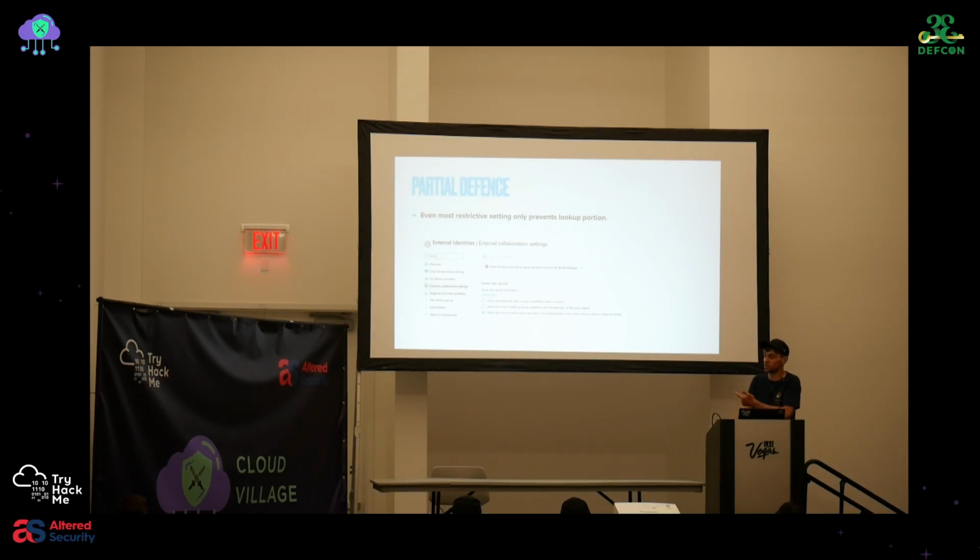Even if you set this to the most restrictive setting, it's not going to be a complete defense. The way that this setting, I think, is meant to work, even though the descriptions are a little bit confusing because it says the guest user accesses restricted properties and memberships of their own directory objects, is how Microsoft implements that: they assume that only people who know the UUID are going to be able to use it, that is a secret in and of itself essentially, and that somehow makes you, they say, the owner of the directory objects.